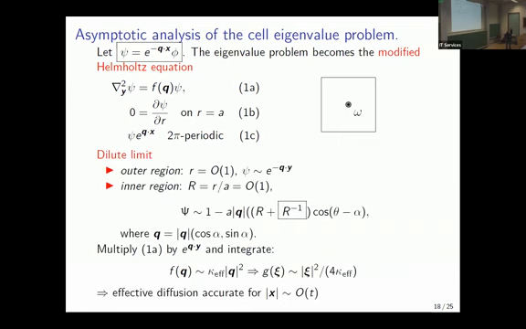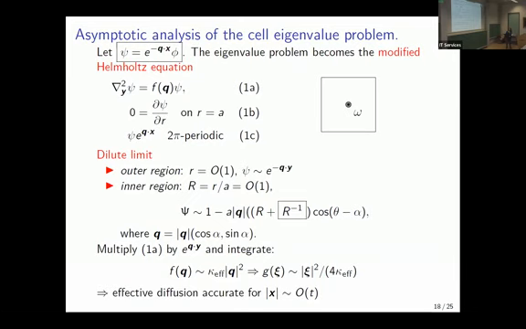Okay, and one can then work with matched asymptotics. In the dilute limit, you consider an outer region away from the obstacle, whose solution at leading order is just a mere exponential, so the kind of solution that you would obtain in the absence of any obstacles. And then you can have an inner region, a boundary layer region obtained by rescaling R with the radius of the obstacle.